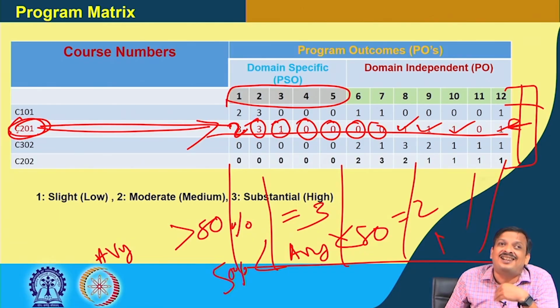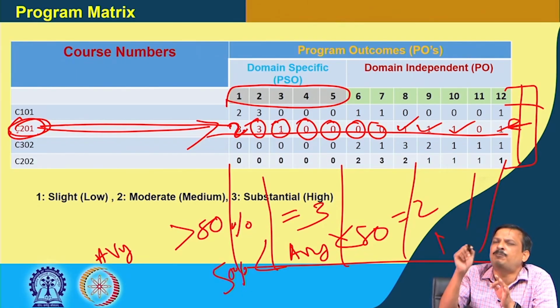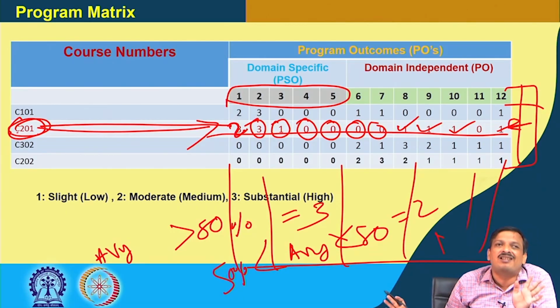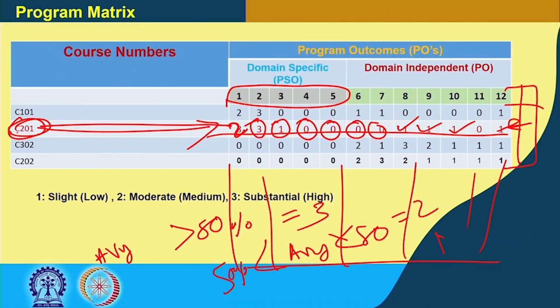Based on that data, I will calculate the attainment of that PO. Once I am able to find out the attainment, I can say if this PO is attained, that PO is mapped with the mission. So, my whole thing is attained. So, that is called attainment of PO. So, next class I will talk about attainment of PO. Okay? Thank you.